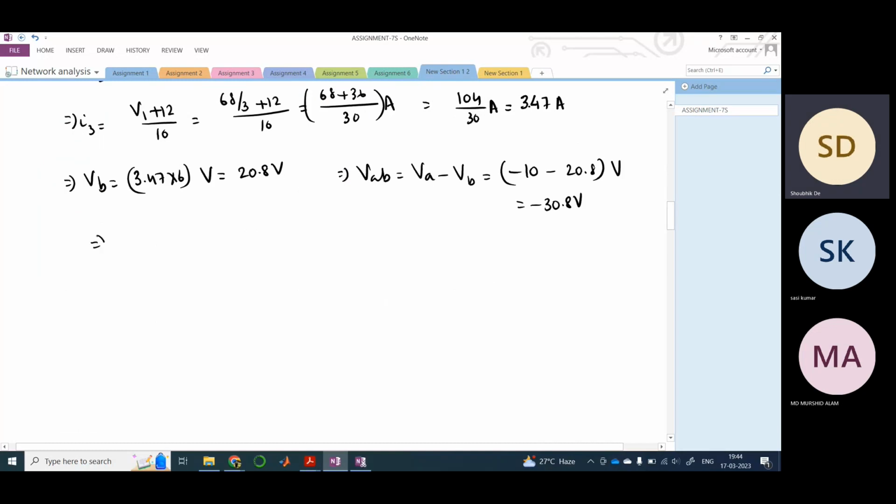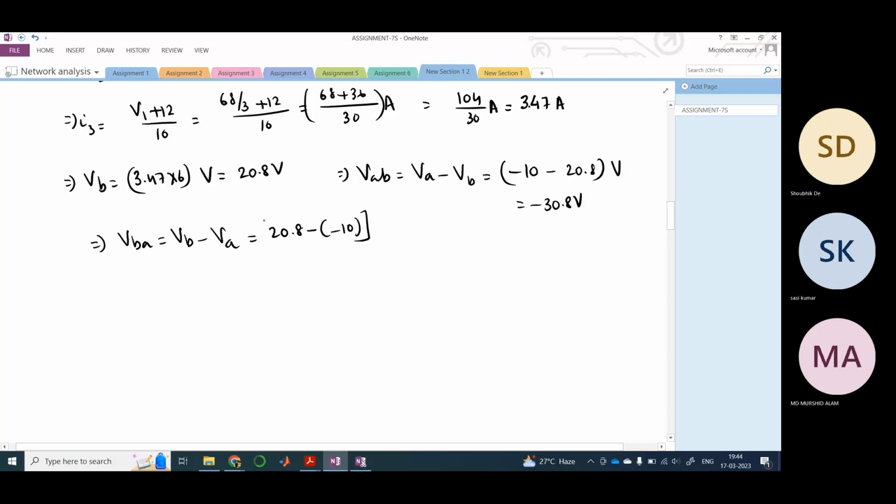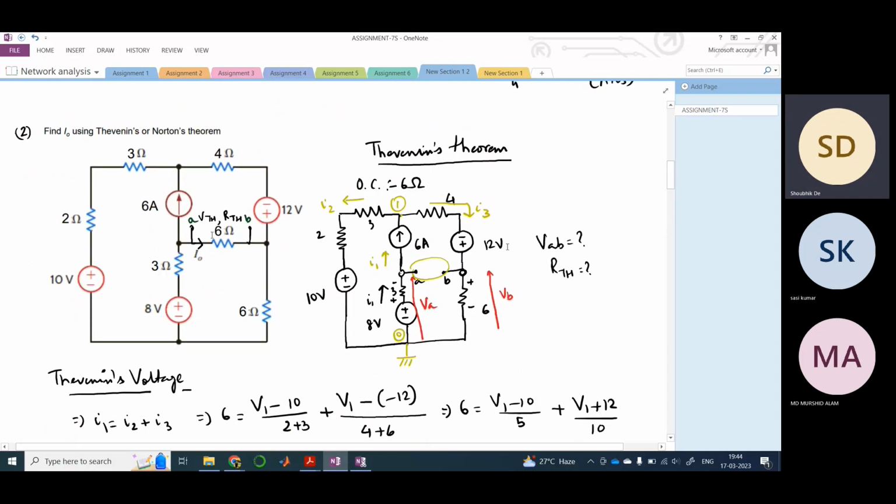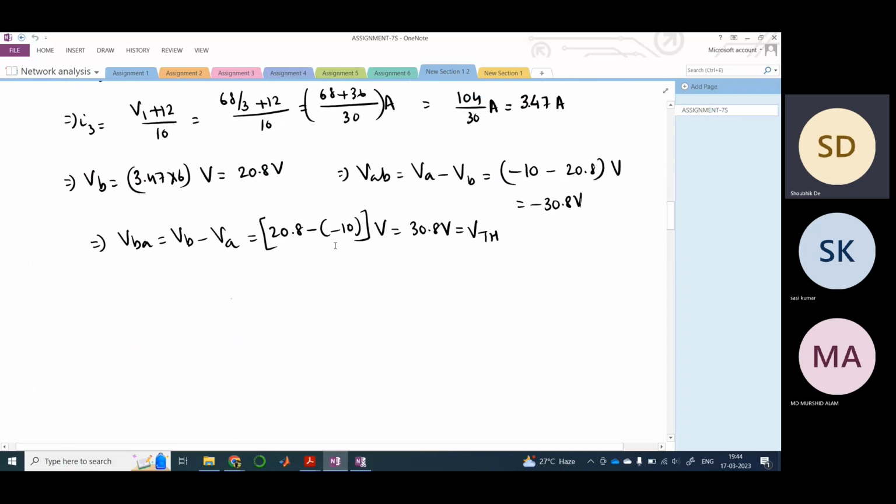So basically, if we write VBA, this would be VB minus VA. So then it would be 20.8 minus minus 10, right? So therefore this would be 30.8. So this is our VTH, because we open circuited the 6 ohm resistor and we are calculating the Thevenin voltage across this 6 ohm resistor, right? So this is our Thevenin voltage.